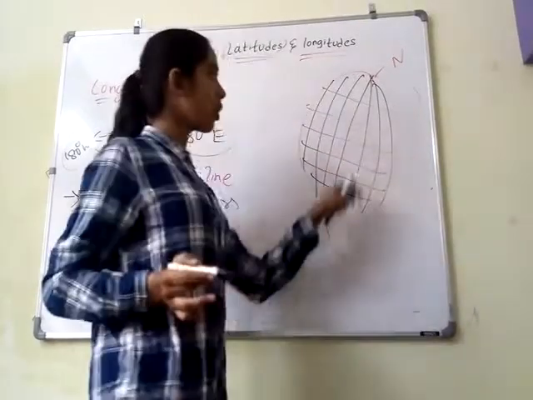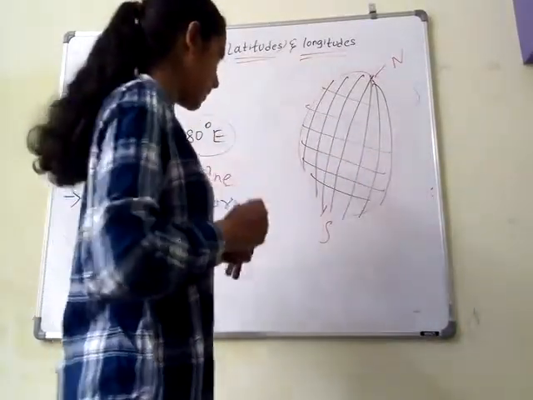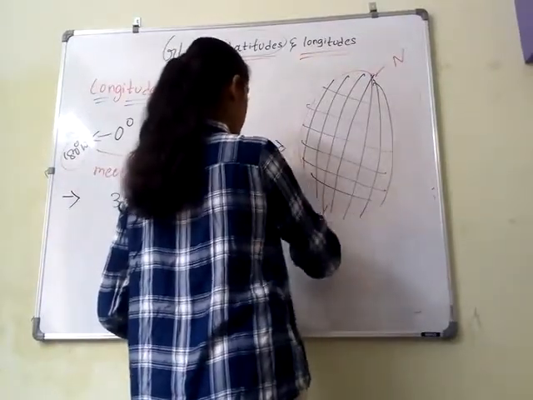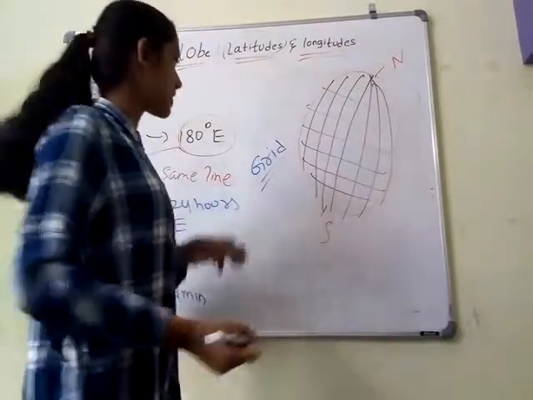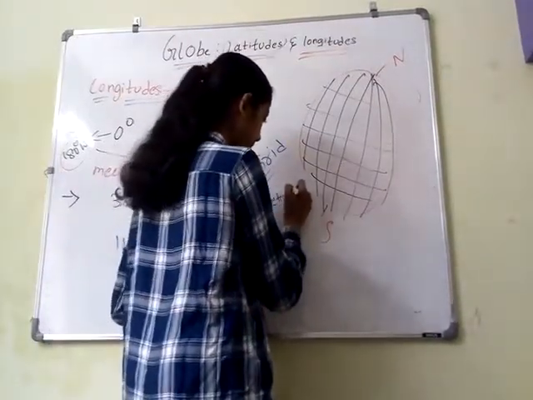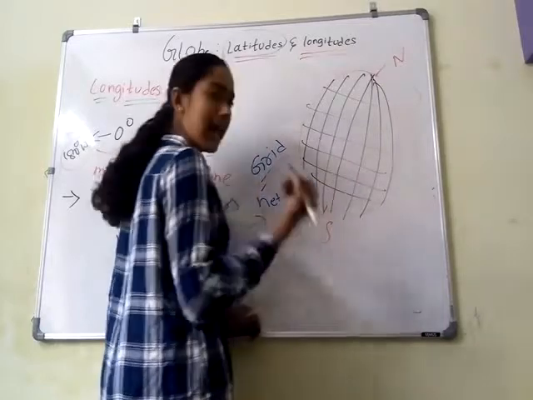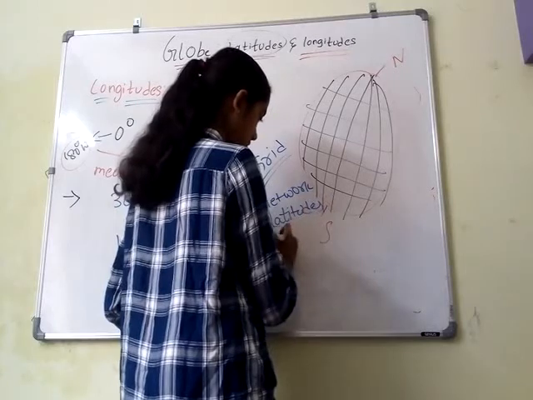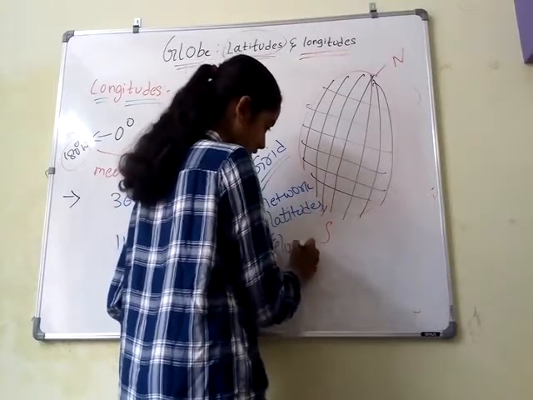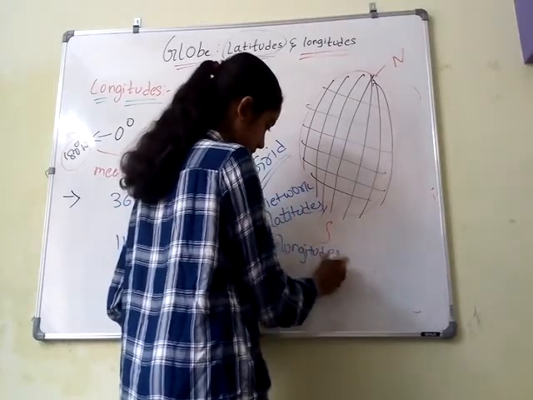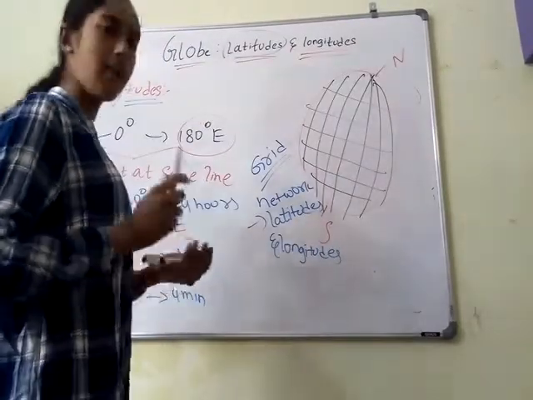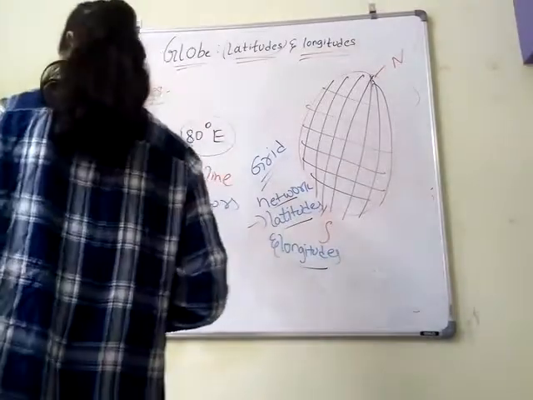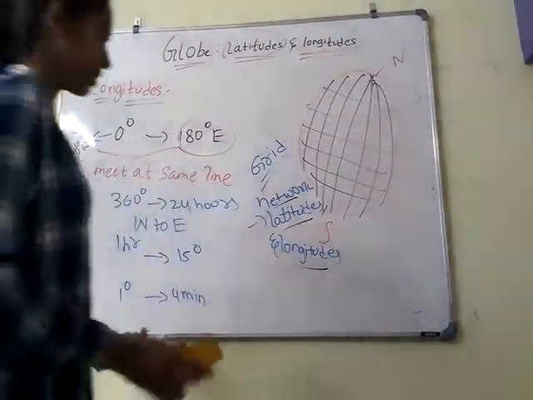This network of longitudes and latitudes is called the grid. I want to mention this point. Grid is a network of latitudes and longitudes. This is one point. Now I'll continue.